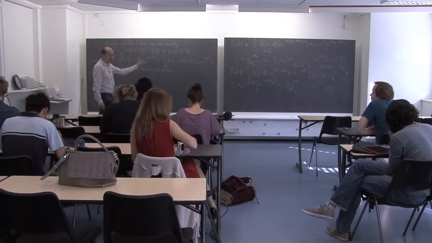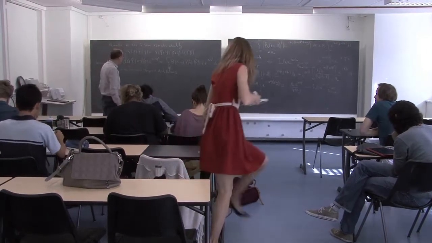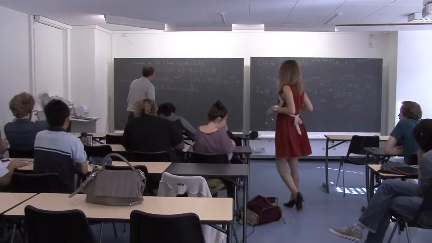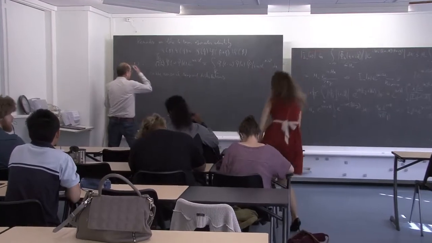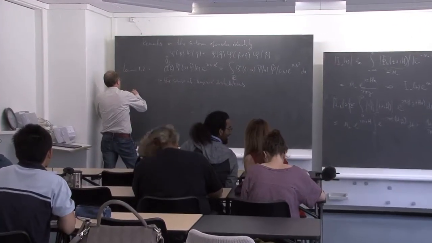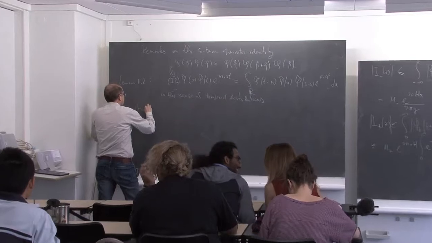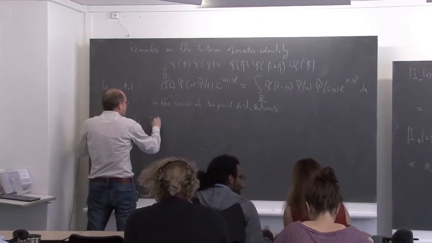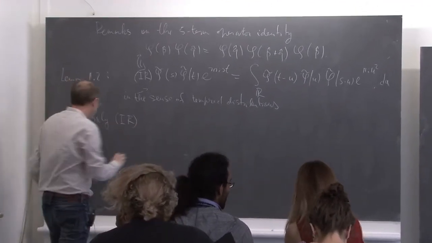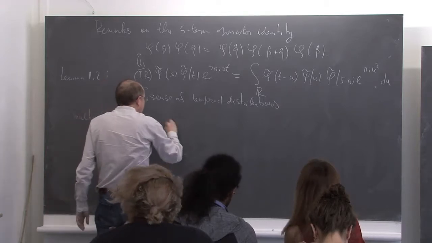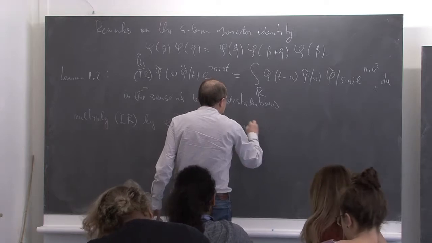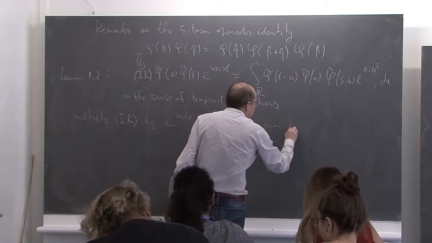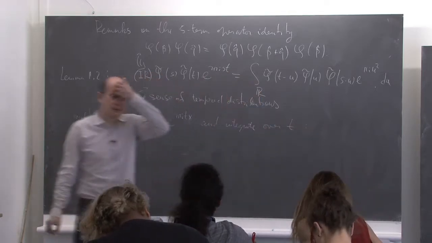Yeah, so we have this 5-term integral identity, and let us do first the following thing. So we multiply integral relation by e^(2πix t) and integrate over t.